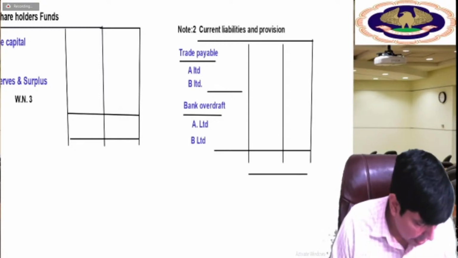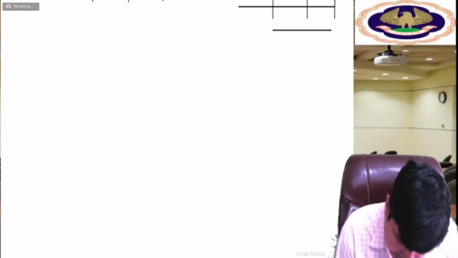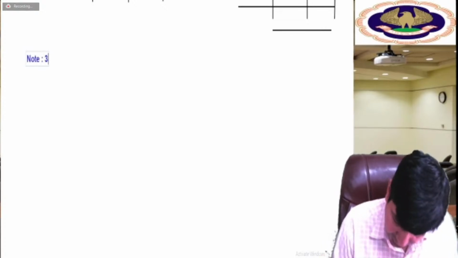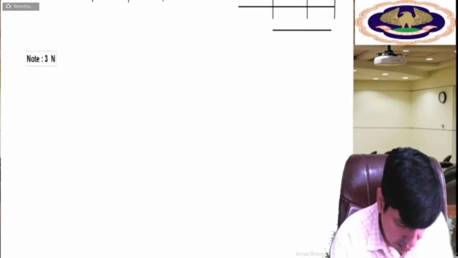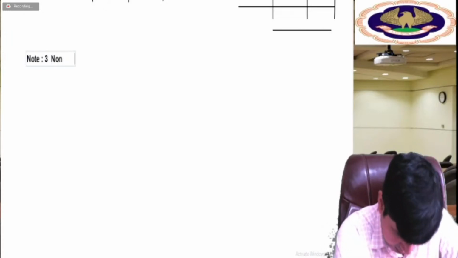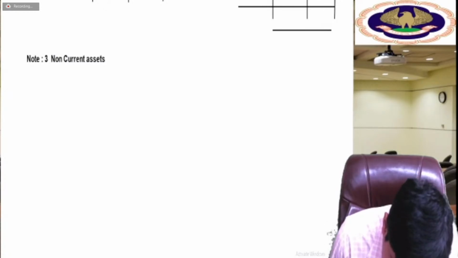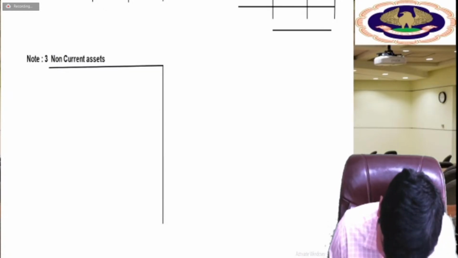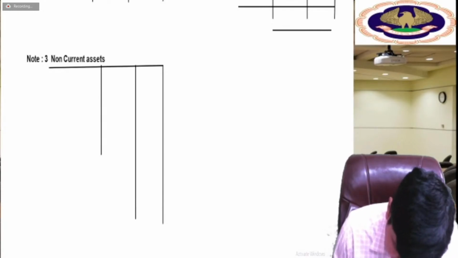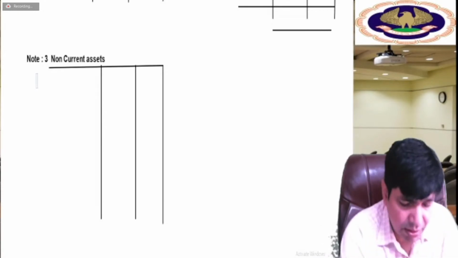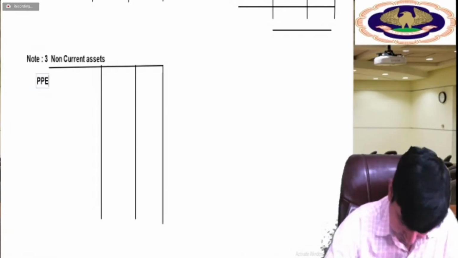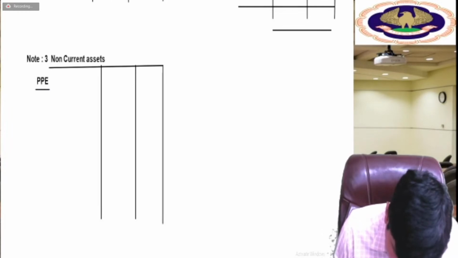Next, after that, we have also given a number to non-current assets. Yes, that is note number 3. That is non-current assets, in which you are having both the things: property, plant and equipment, number 1, for tangible assets.